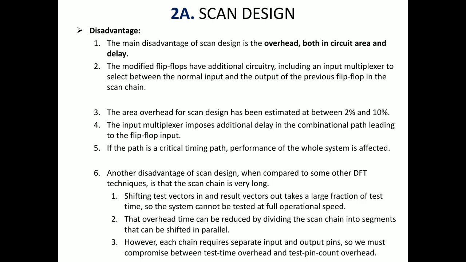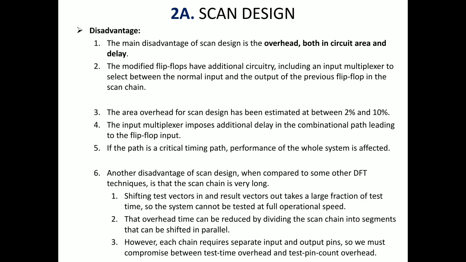The modified flip-flops have additional circuitry. Instead of one flip-flop, now we have multiple flip-flops, including an input multiplexer. It has an input multiplexer to select between the normal input and the output of the previous flip-flop in the scan chain. Why are we connecting the previous flip-flop output as input?